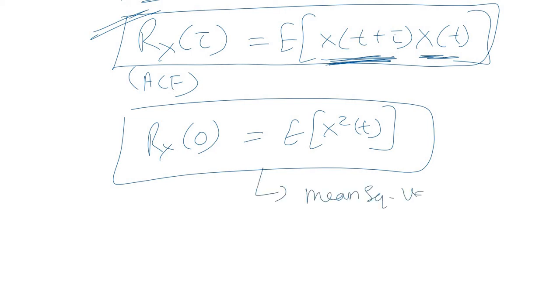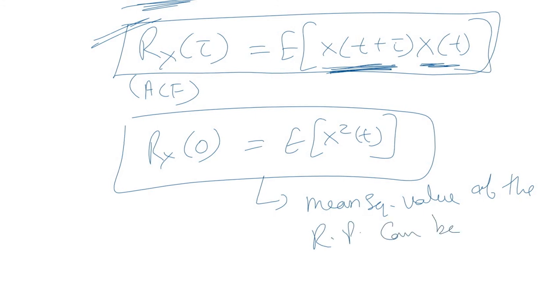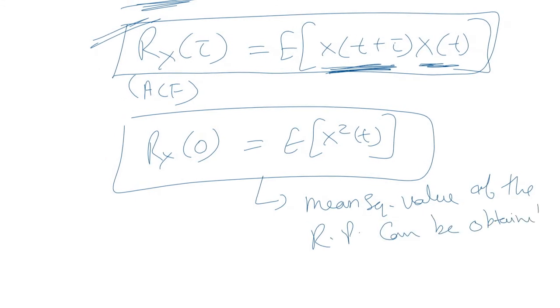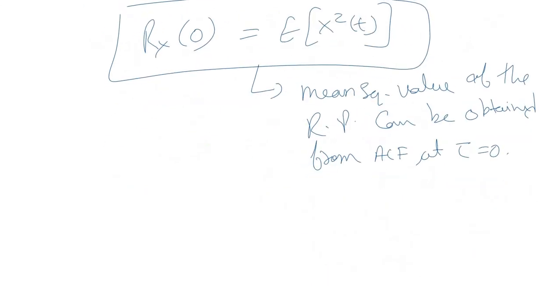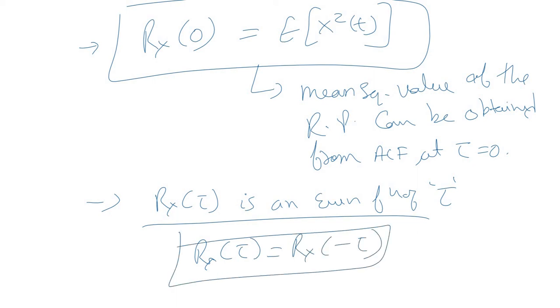The mean square value or the average power of the random process can be obtained from the autocorrelation function at tau equal to 0. Next, we know that this autocorrelation function Rx(tau) is an even function of tau: Rx(tau) is equal to Rx(minus tau).